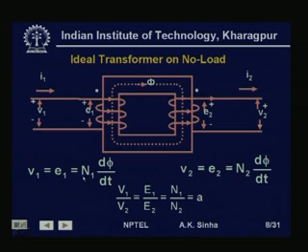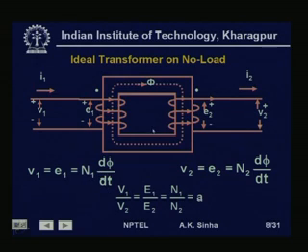E1 will be equal to d lambda by dt, that is, the derivative of flux linkage with time, which we can write as N1 into d phi by dt. So, we have E1 equal to N1 into d phi by dt.